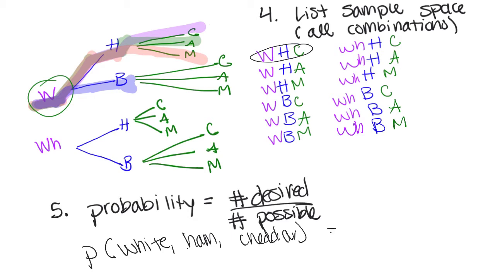There's only one out of 1, 2, 3, 4, 5, 6, 7, 8, 9, 10, 11, 12. So there's a 1 in 12 chance, or as a decimal, I'm going to take 1 divided by 12, and then times 100 gives me my percent.